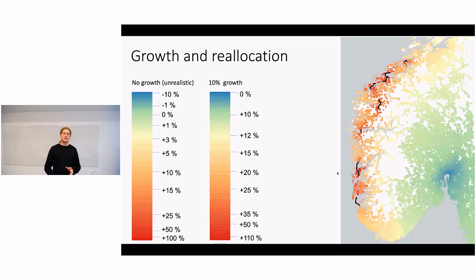So, assuming 10% growth over the build time of E39 might be a more realistic value. And then we can see that these blue areas around Oslo, that means that we just have 0% growth.